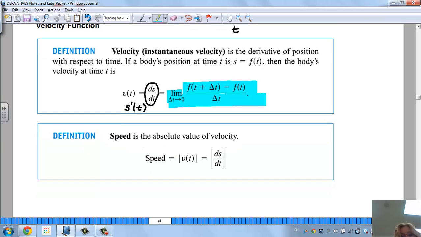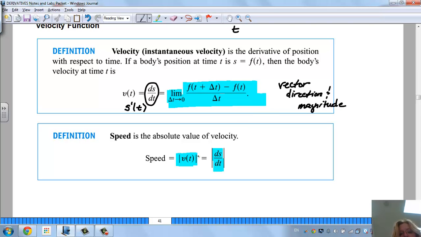Now, speed is the absolute value of velocity, or the absolute value of ds/dt. Remember, velocity is a vector quantity, and a vector quantity has direction and magnitude. If I take the absolute value of this, it's always going to be positive, so the direction doesn't matter for speed.